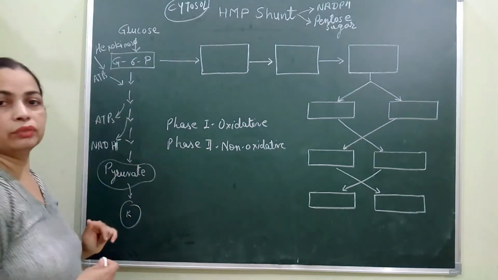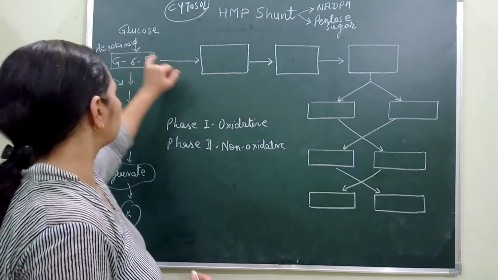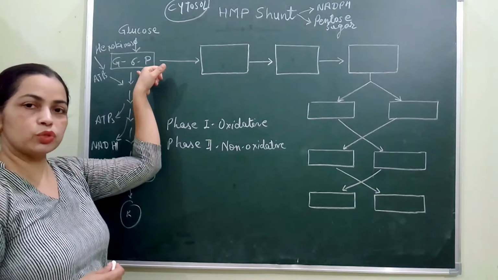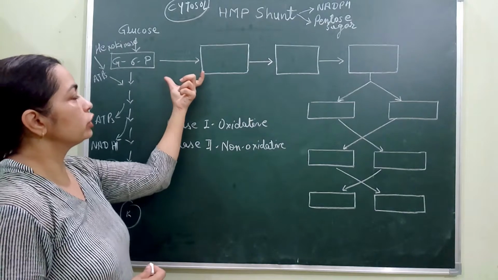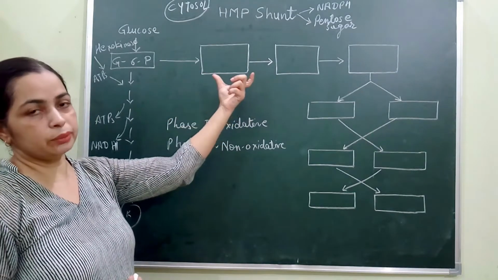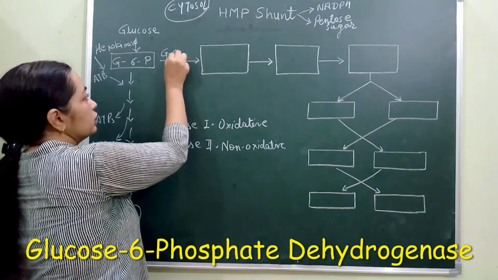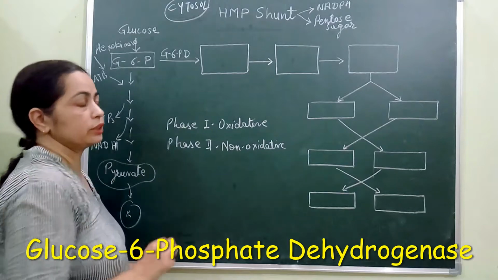Now let's see the various steps of the pathway. First we will see the oxidative steps. It starts with glucose. Glucose gets converted to glucose 6-phosphate in the presence of hexokinase. Now the enzyme responsible for initiating the HMP shunt is very important, and its name is glucose 6-phosphate dehydrogenase.